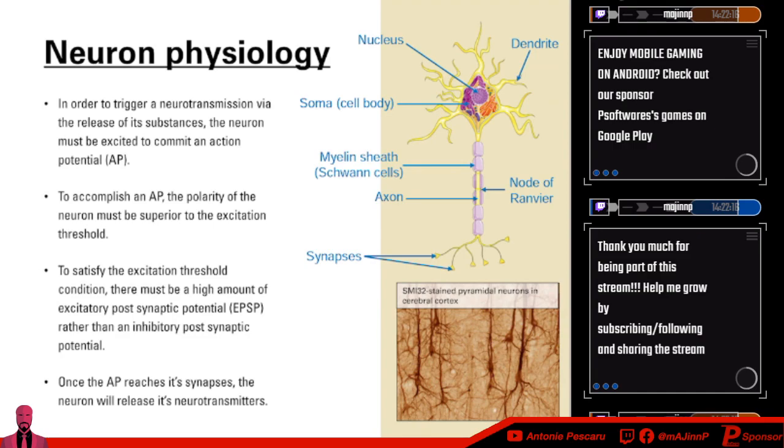And then in between, from a Schwann cell to another Schwann cell, there's going to be a gap, right? And in between that gap, that's what we call the node of Ranvier.